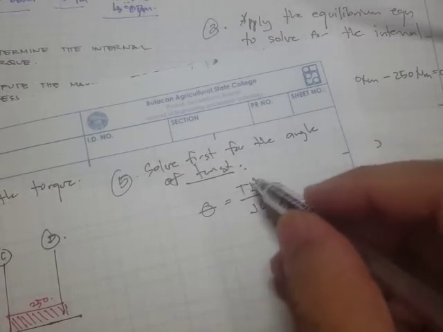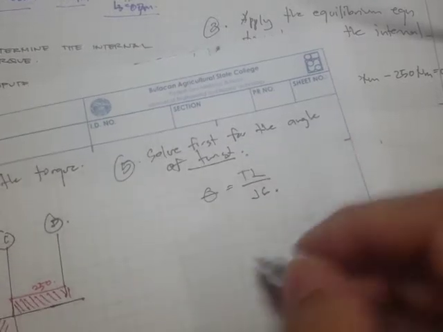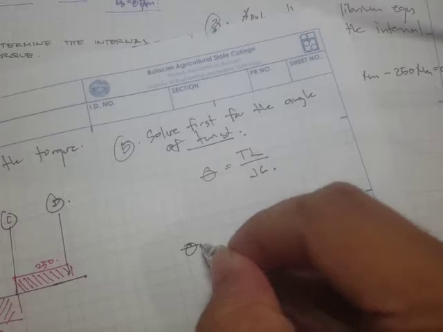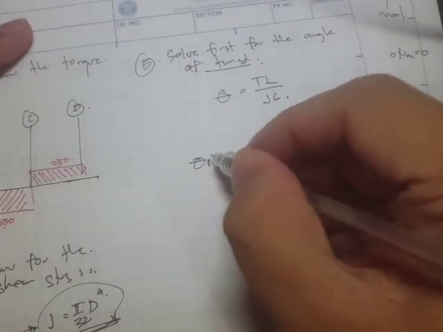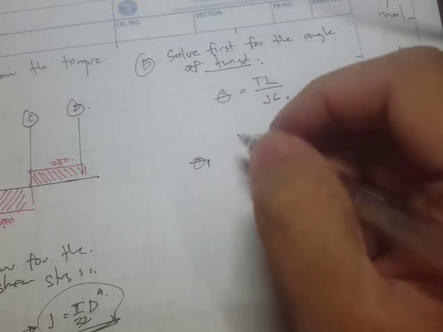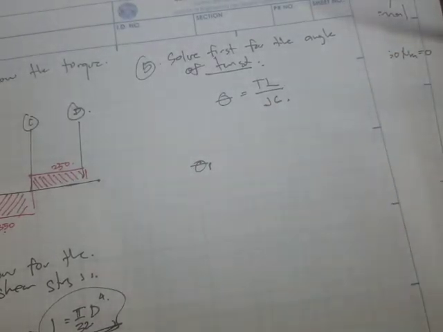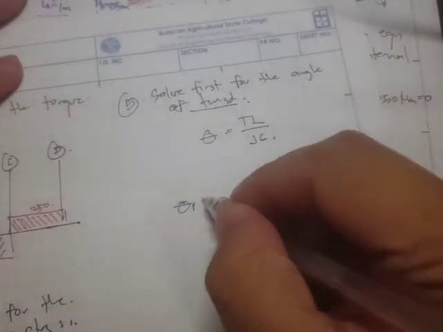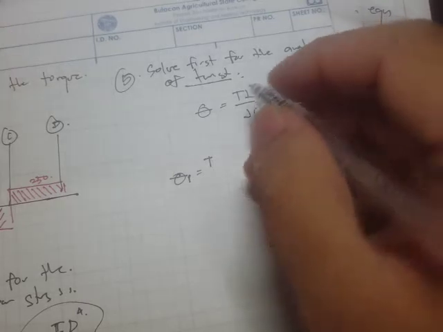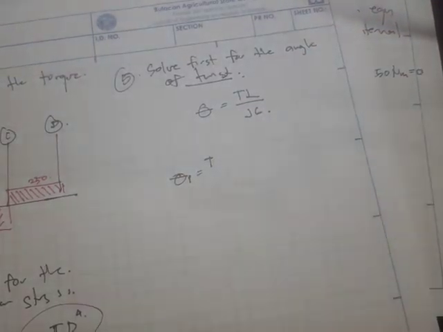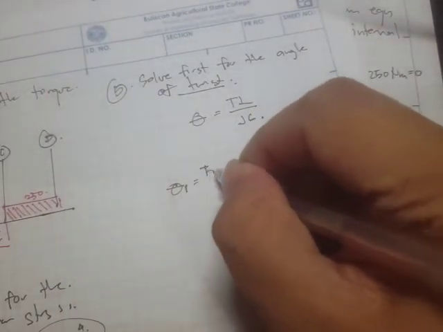And the same as what we did in the stress, we solve for the angle of twist from point A to B. And this is T sub 1. Our torque is, let's just write the value.